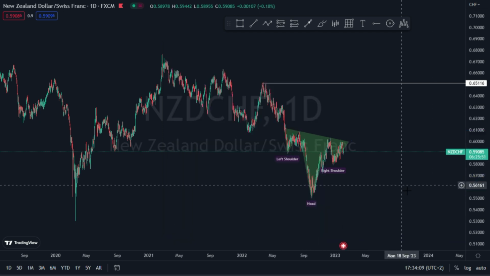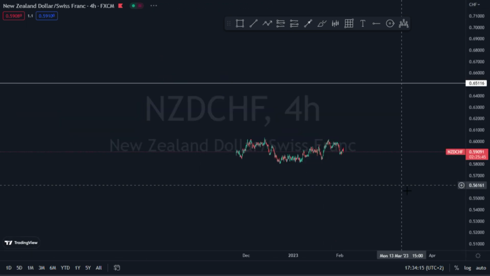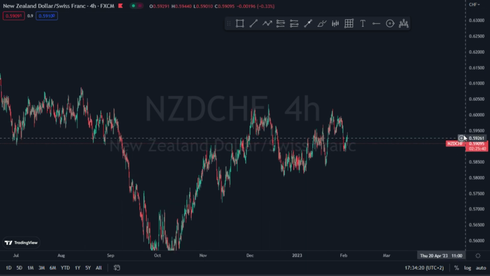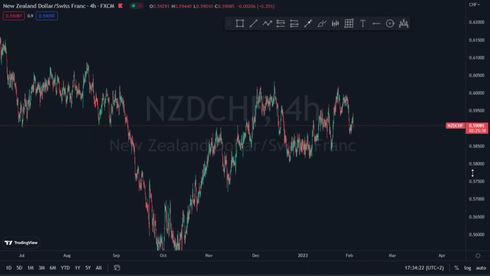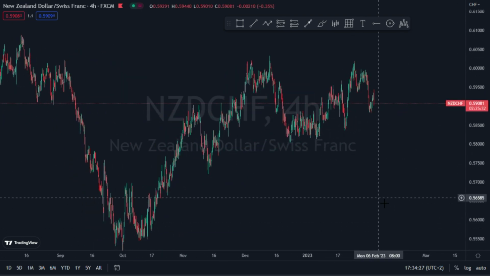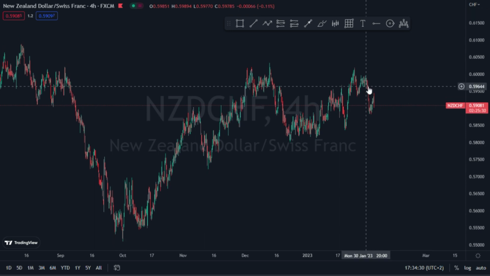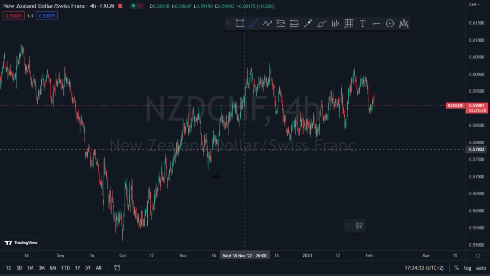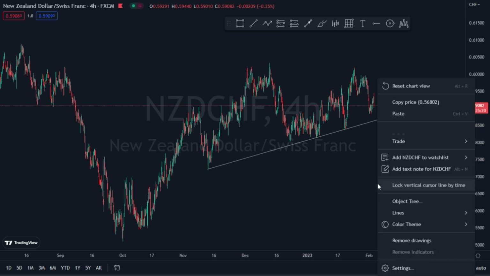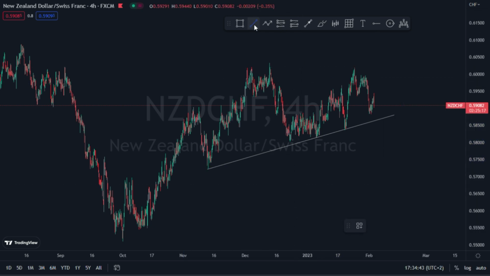If I go on to the 1 hour time frame, I can already see that if we look at this current market, the market is already forming a pattern. The market is giving us a pattern, telling us that it is gonna continue pushing to the upside.